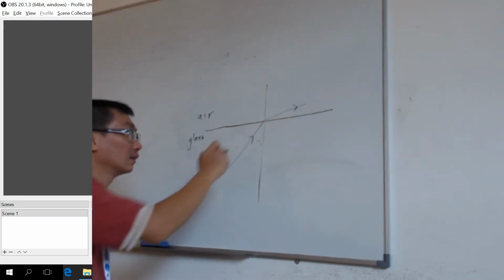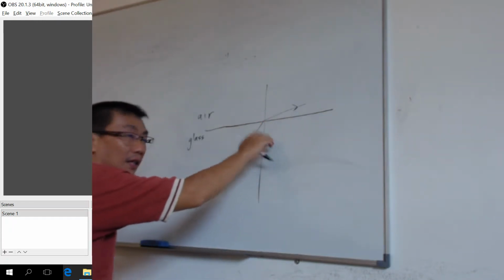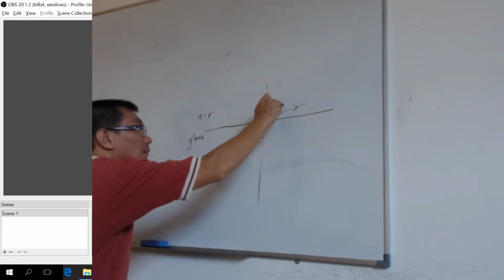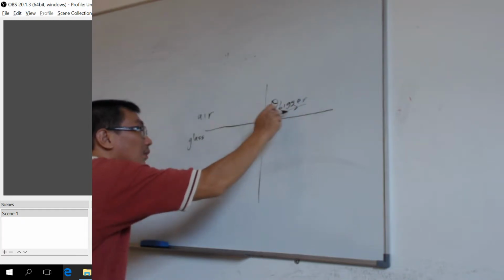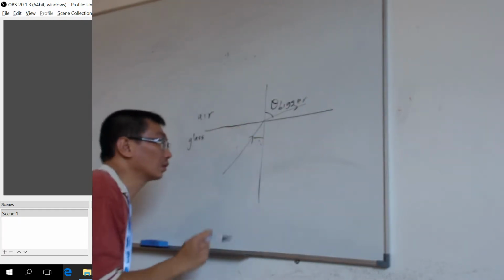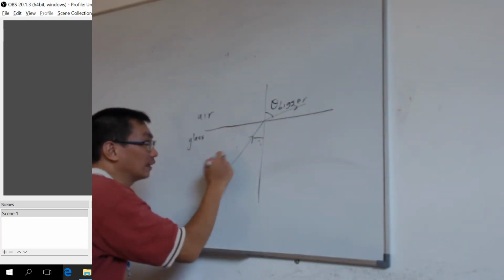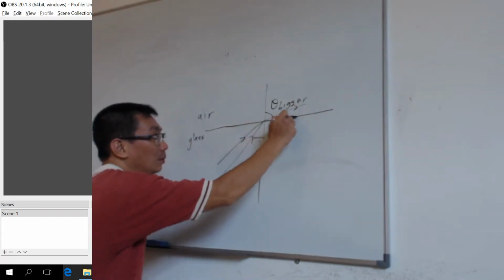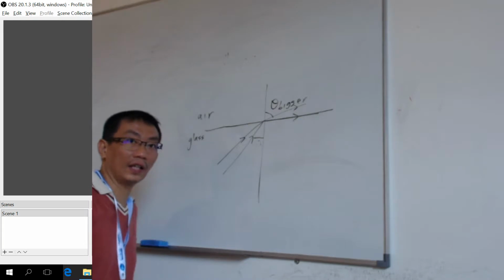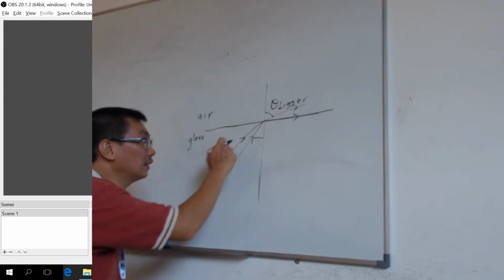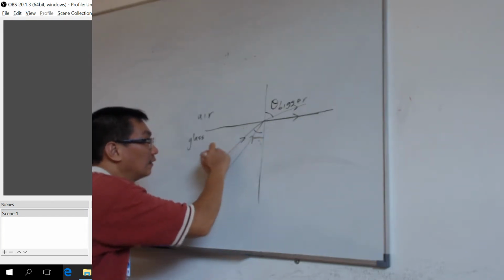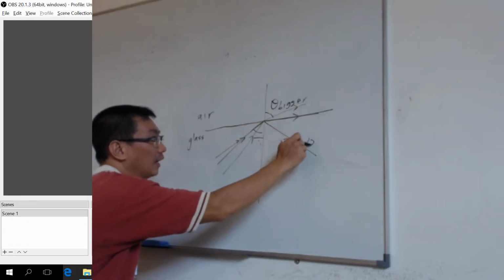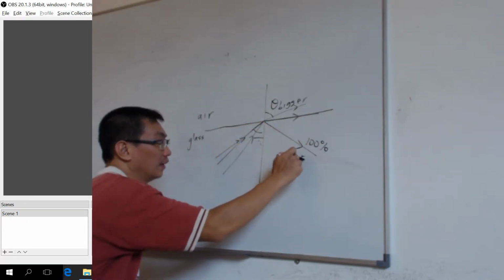So this one is bigger than this one. If after a certain point, the angle will be like this. Then after this theta, all the light will be 100% reflected.